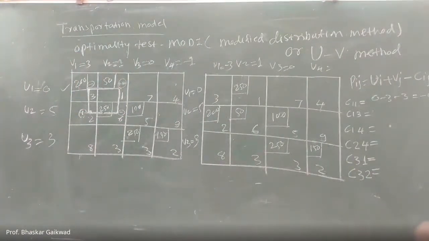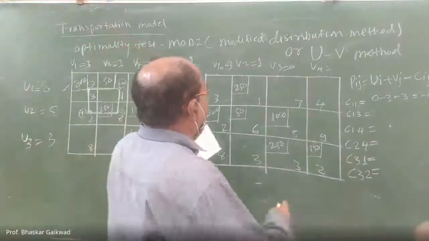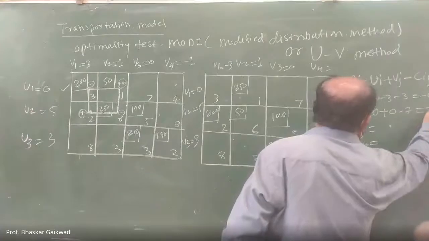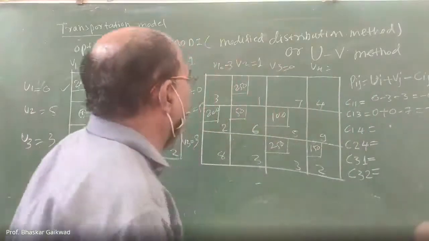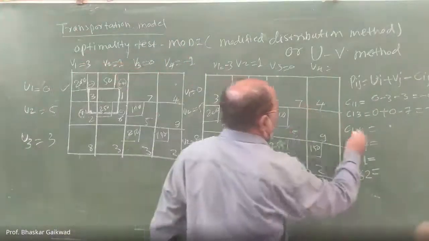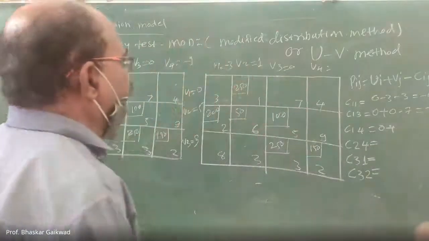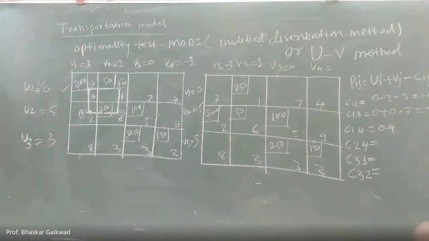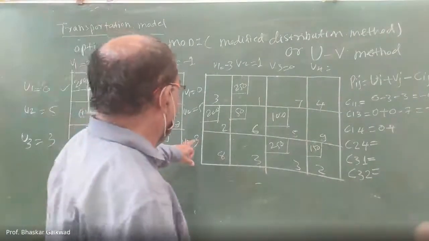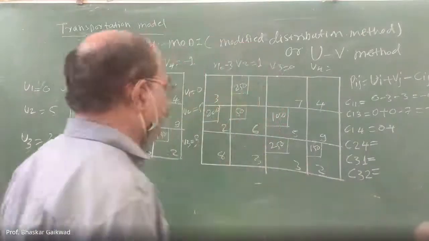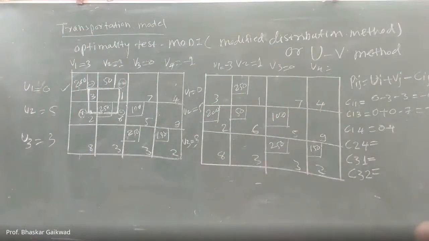Similarly 1, 3: here it is 0 plus 0 minus 7, minus 7. Then 1, 4: there is no V4 yet. Whether you have calculated V4: 3 plus V4 is equal to 2. Means V4 should be minus 1.